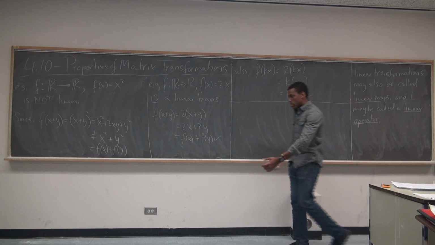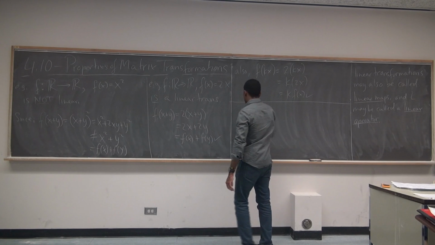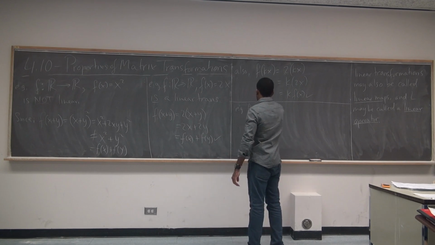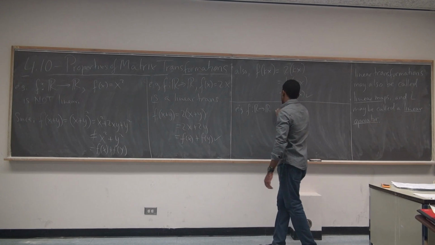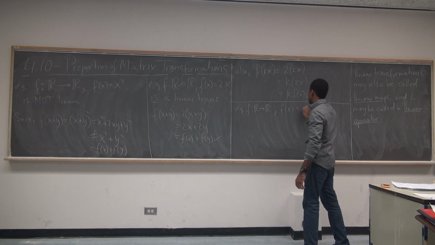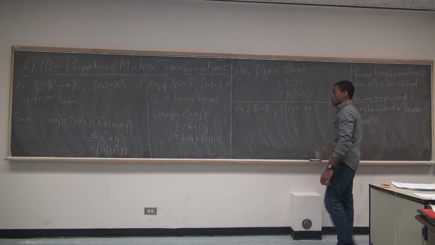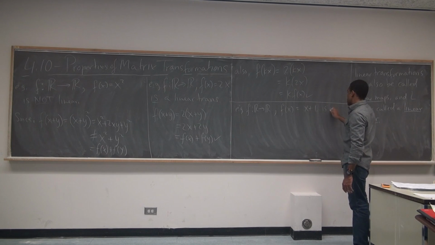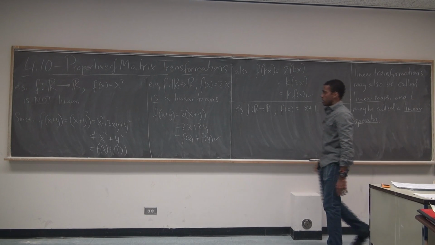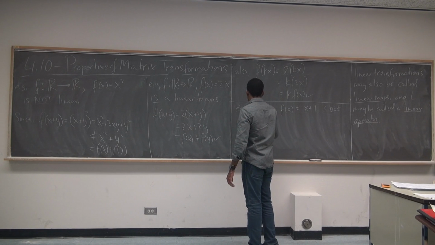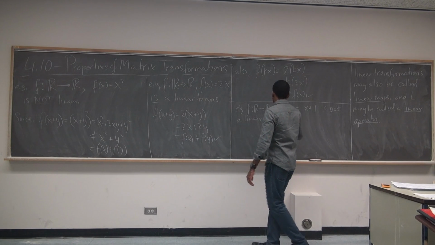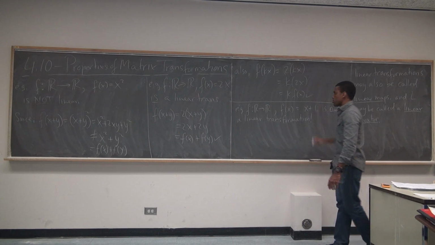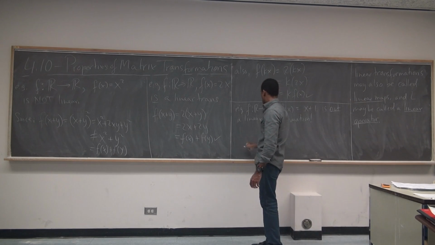Not all linear things in the conventional sense are linear transformations. So for example, f from R to R, if I define that to be x plus 1, which is a linear function, but it's not a linear transformation. Why?